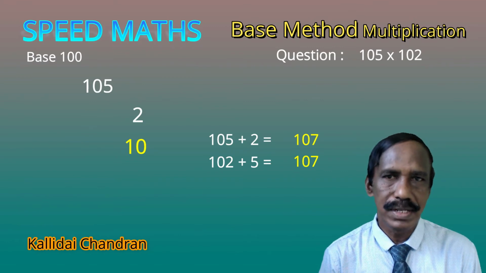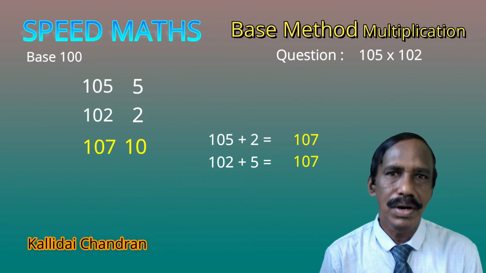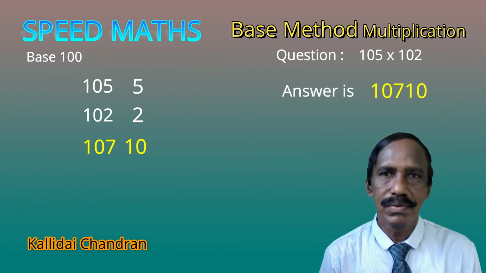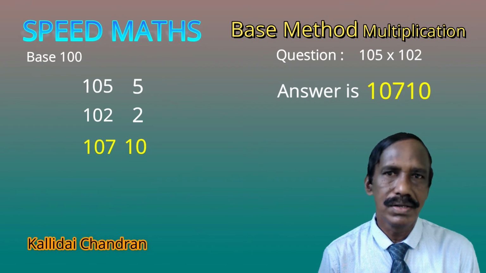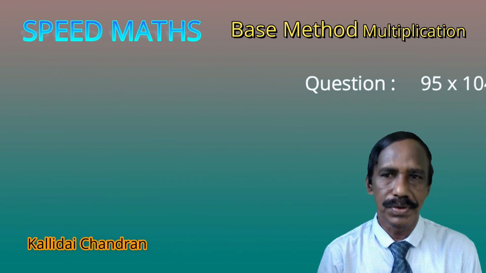It will always be the same. So put that 107 below 102 as displayed here. Now the answer is 10710. That is 105 multiplied by 102 is equal to 10710.